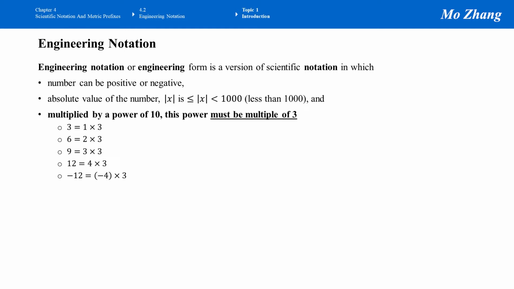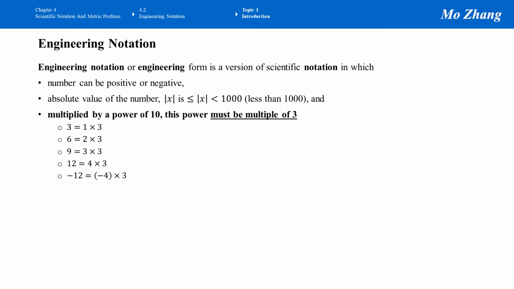The third rule, it is multiplied by a power of 10, but the exponent needs to be a multiple of 3. That means the exponent can be 3, since 3 is 1 times 3. It can be 6, since 6 equals 2 times 3. It can be 9, 9 is 3 times 3. It can be 12, 12 is 4 times 3.